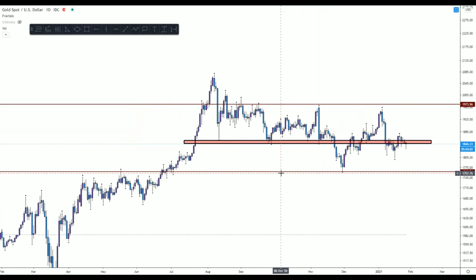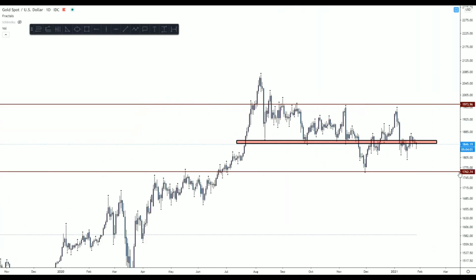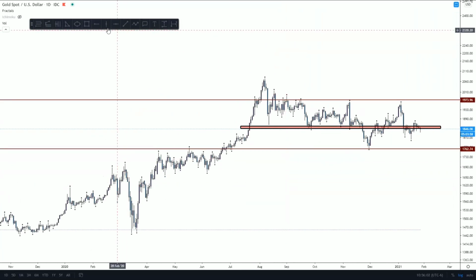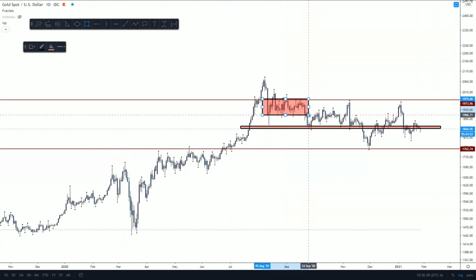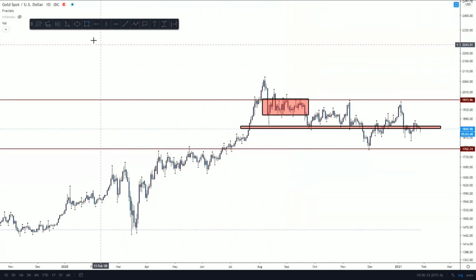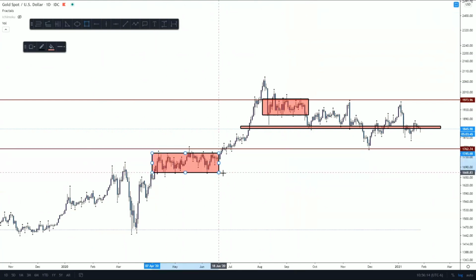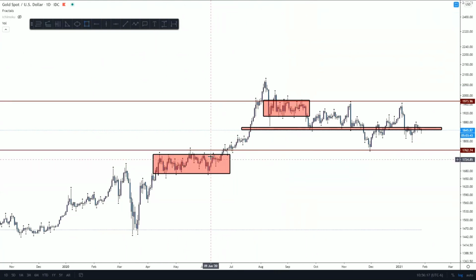Another thing, if we were looking at our supply and demand zones, usually you want to pay attention to or find areas where the market is in consolidation. Like in this area or this area. And you want to wait for the market to break outside that consolidation range.